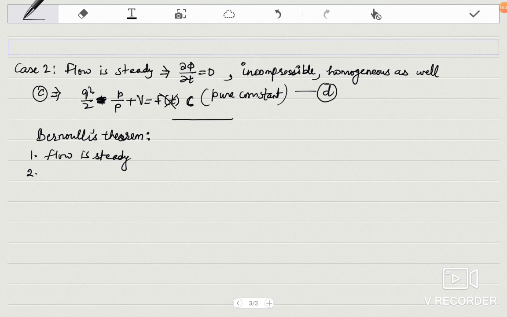Second, no velocity potential exists. So you see the difference between Bernoulli's equation and Bernoulli's theorem. In Bernoulli's equation, your flow was irrotational and velocity potentials were existing. Here, no velocity potential will exist. And the third one is that forces are conservative.